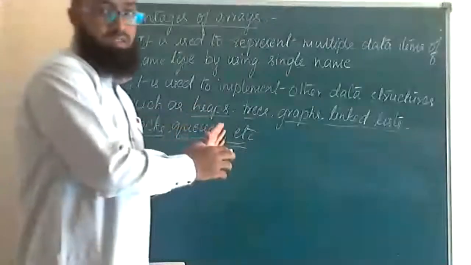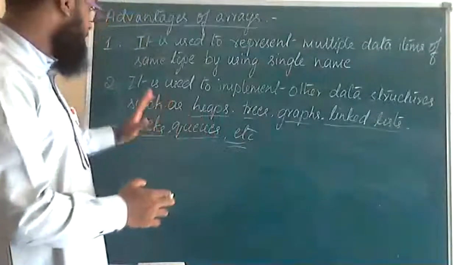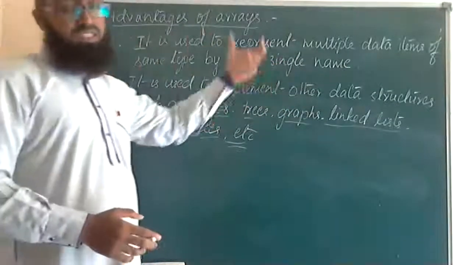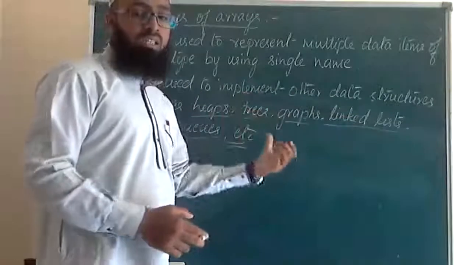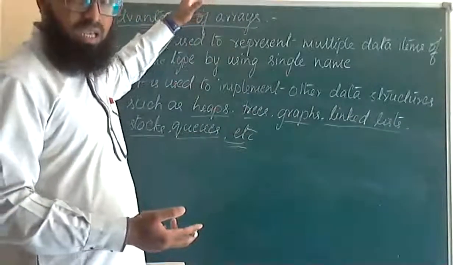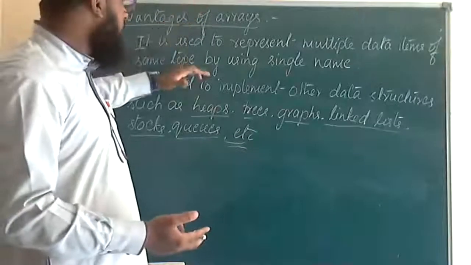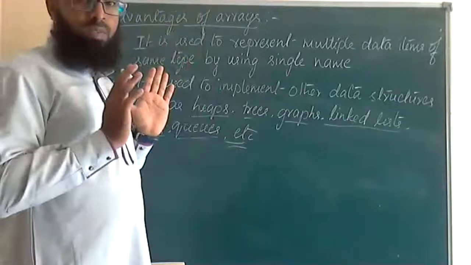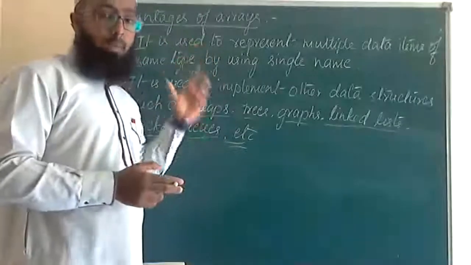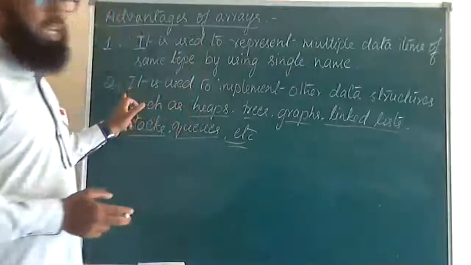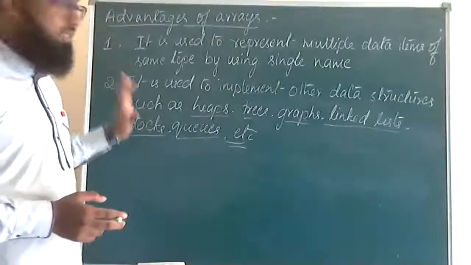Few things are added, not changed. It means it is used to implement other data structures such as heaps, trees, graphs, linked lists, queues, and stacks, strings, etc. If you write the first point of applications as the point of advantages, then that is okay. No need to get confused in applications first point and then advantages second point. Both the points are same.